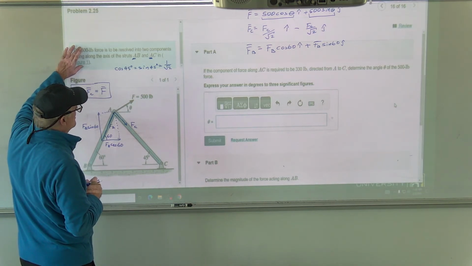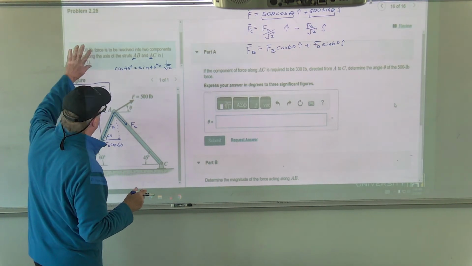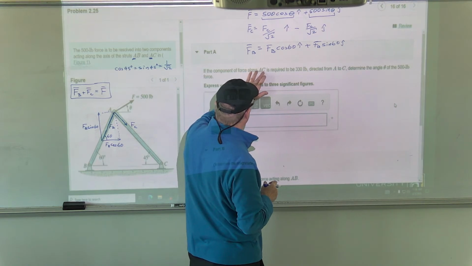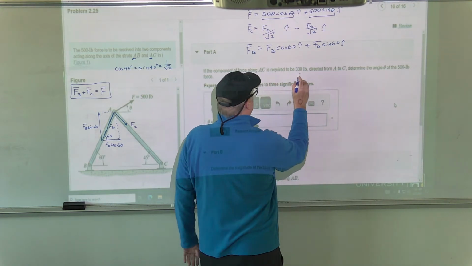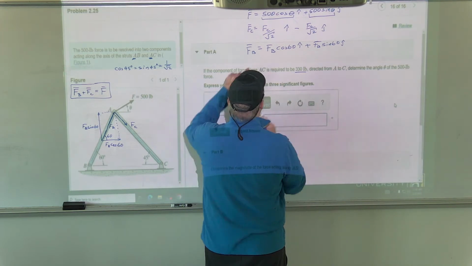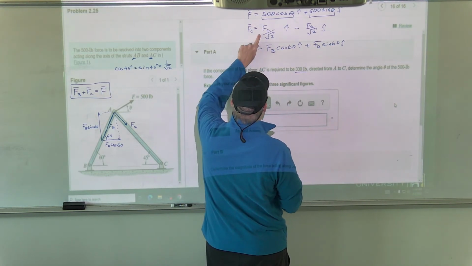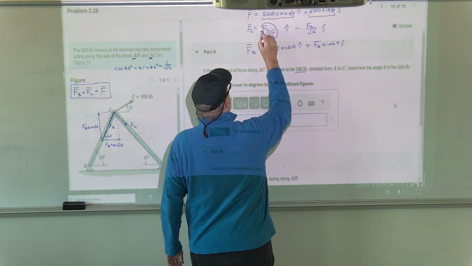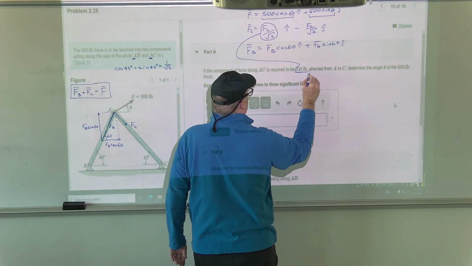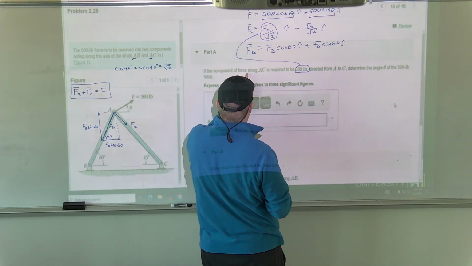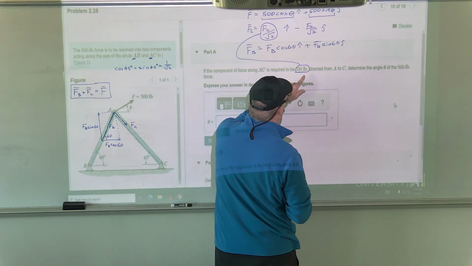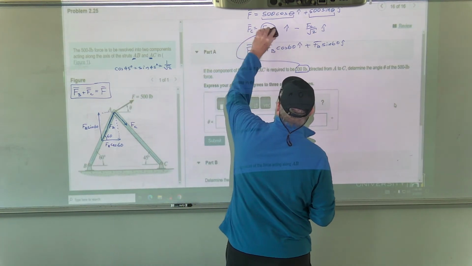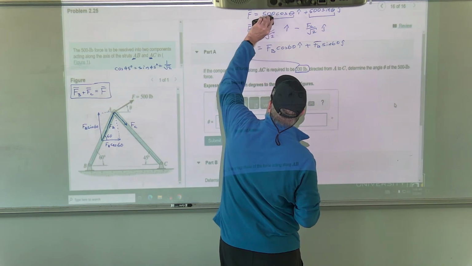Okay, so now let's look at the thing he wants over here. If the component of the force acting along AC is required to be 330. Okay, AC, that's this one. This is required. Oh, wait, directed, okay. So I think that's required. I'm sorry. That is required of the magnitude.